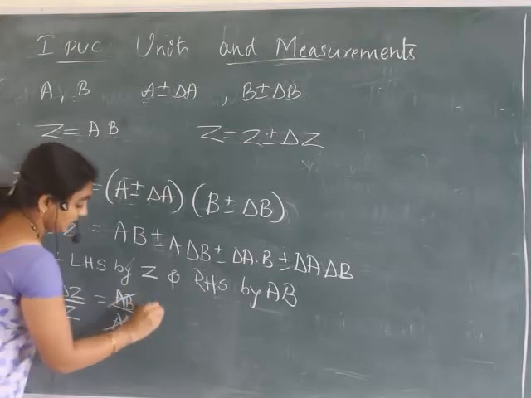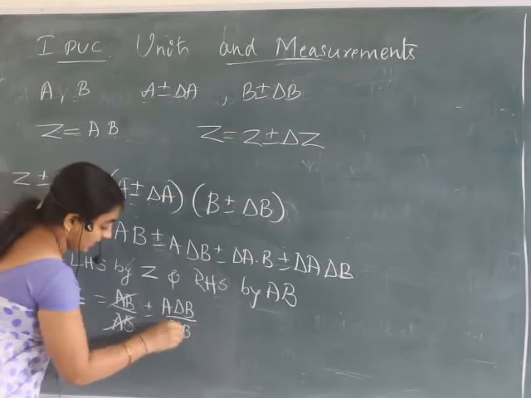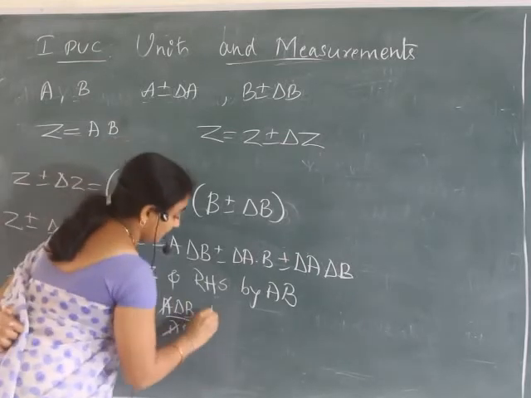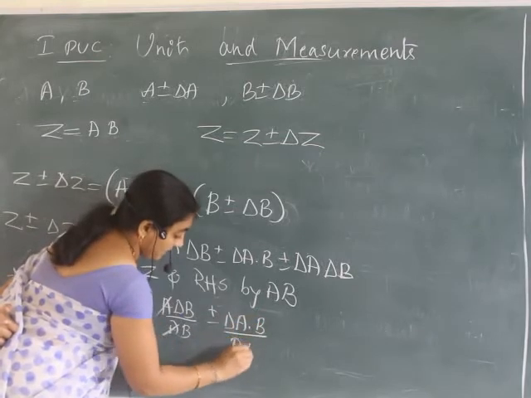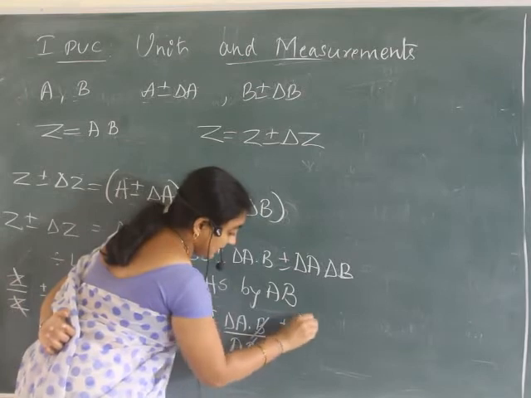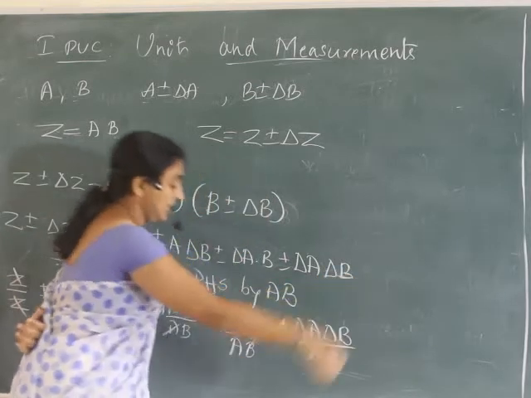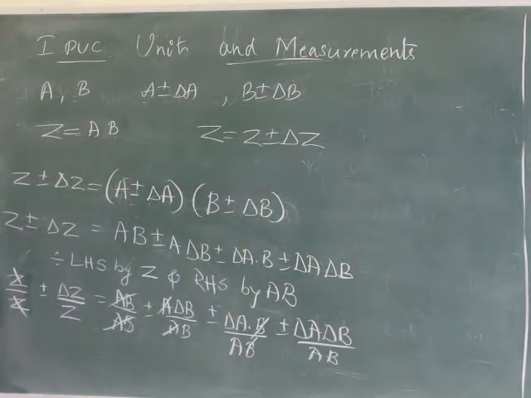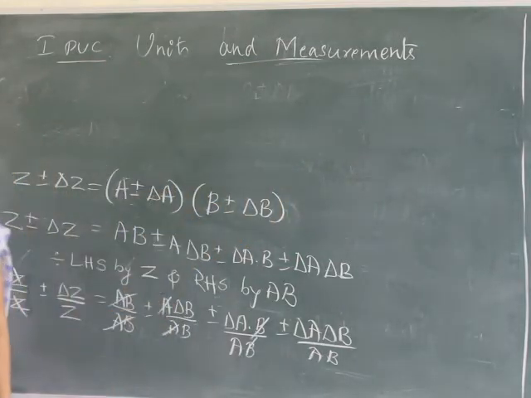Plus or minus A delta B by AB, A cancels. Plus or minus delta A into B by AB, B cancels. Plus or minus delta A delta B divided by AB. Here nothing is cancelling. Correct? Now we'll write what is remaining. I'll erase this. We'll write the next step. What is the next step?